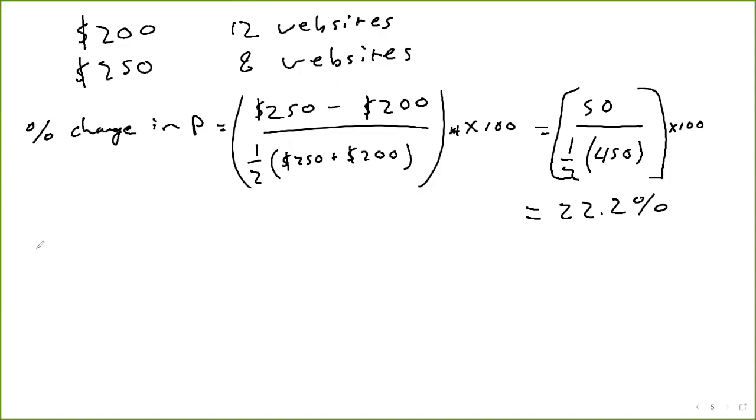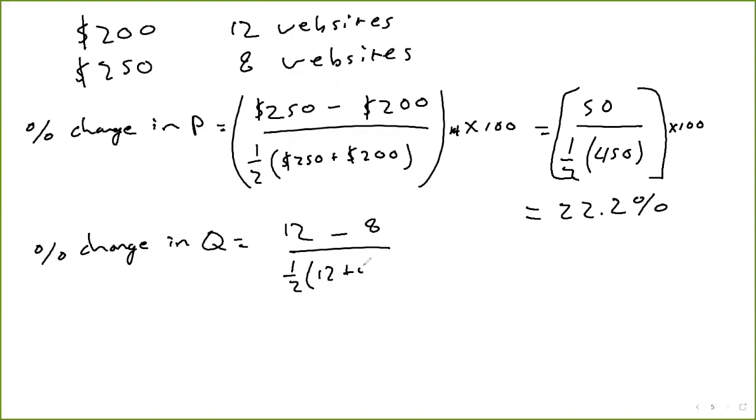And then we need the percentage change in quantity. Applying the same formula, we have 12 minus 8 over 1/2 of 12 plus 8, times 100. And once you go through all those calculations, you should get 40%.